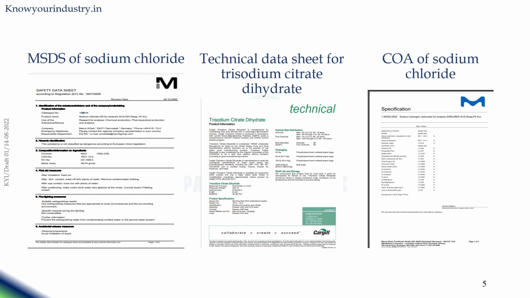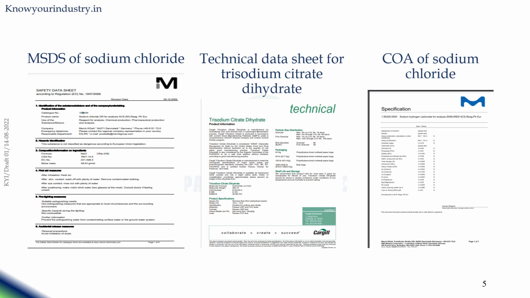MSDS for the sodium chloride, a technical data sheet for trisodium citrate dihydrate, and COA of the sodium chloride. These are the main factors or attributes which formulation scientists have to look at before they start the product development. A specification should be defined for what kind of input material is needed to formulate a product to be filed for an ANDA or NDA, which is nothing but you can go for a global filing also.